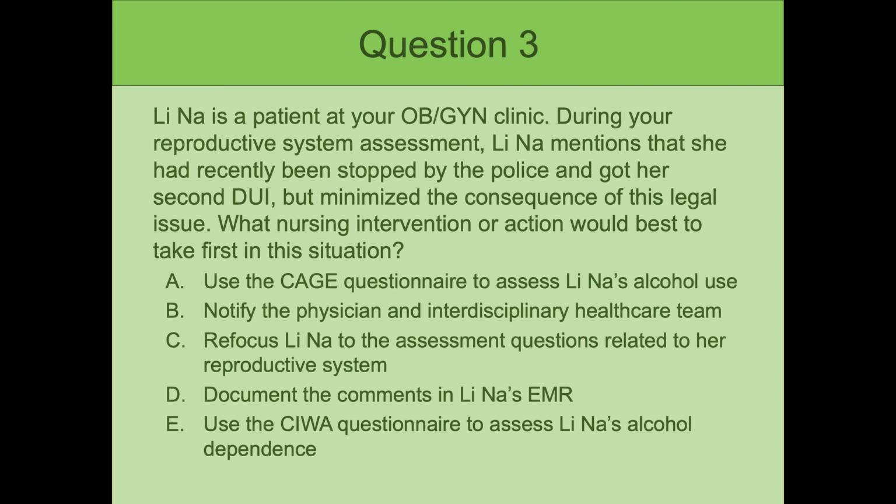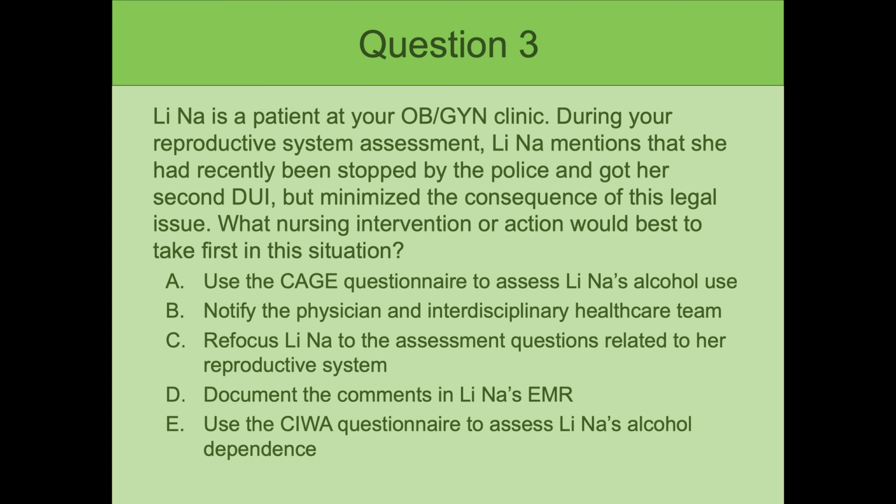Okay, last one. Leon is a patient at your OBGYN clinic. During a reproductive systems assessment, Leon mentions that she had recently been stopped by the police and got her second DUI, but minimizes the consequences of this legal issue. What nursing intervention or action would be best to take first in this situation?